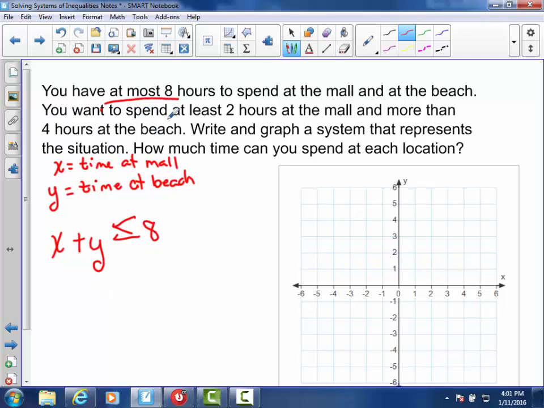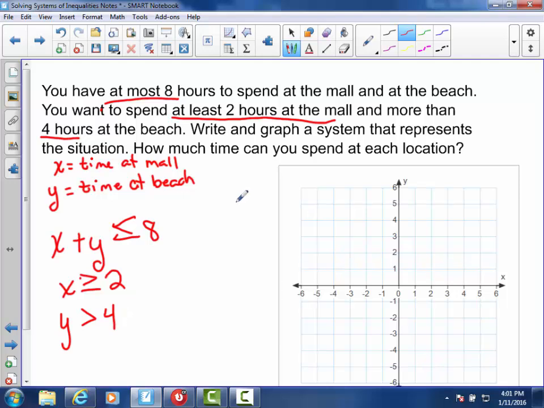All right, then you want to spend at least 2 hours at the mall. Okay, the mall time was x, so my x time needs to be greater than or equal to 2. And then my beach time is more than 4 hours, so I want y to be greater than 4.